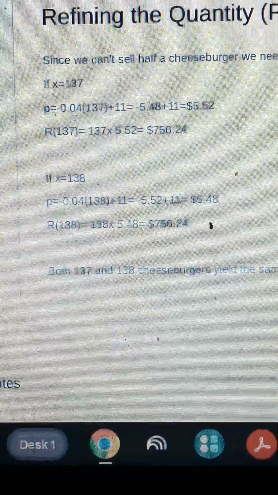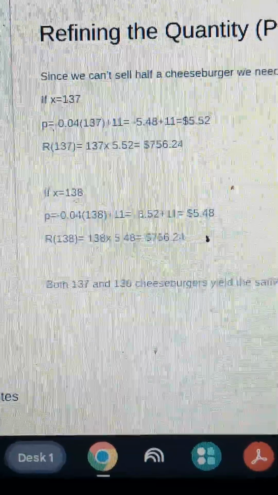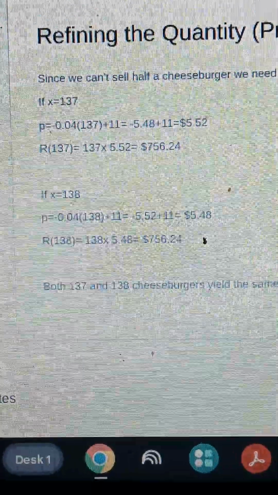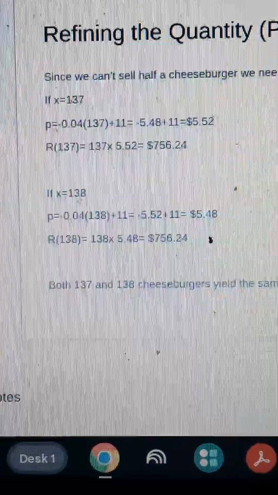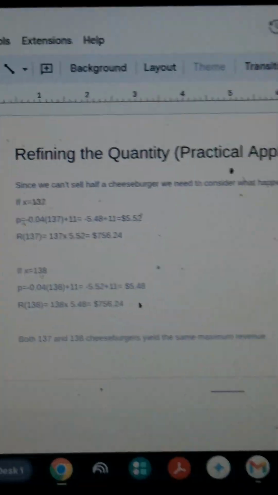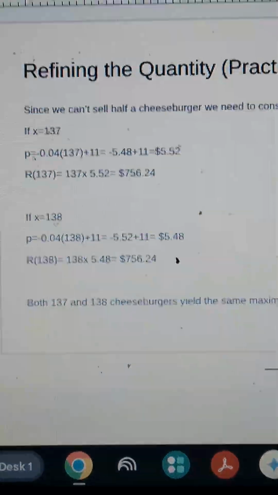And then we multiply 137 times $5.52, and it equals 756.24. Now we did 138, and it comes out to the same maximum revenue. What a coincidence.